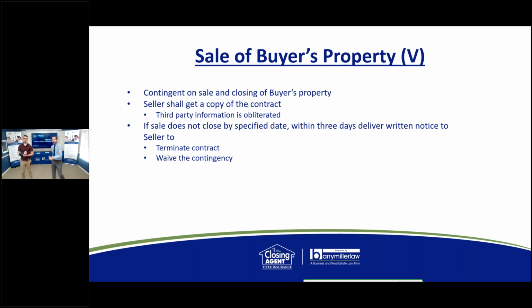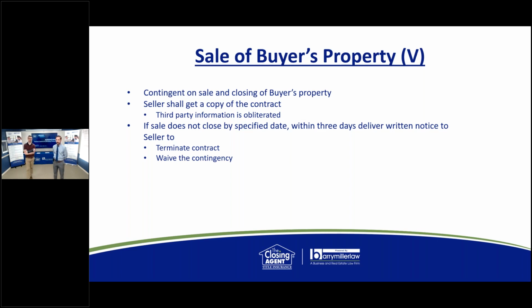All right, V, we do still see this. If you want to go ahead and go over those terms. Yeah, so this is the sale of buyer's property addendum. This is where you have a buyer that's currently a seller in another transaction. And that addendum gives the buyer a specific set of time with which to go ahead and sell their property or terminate this contract because they are unable to do so.